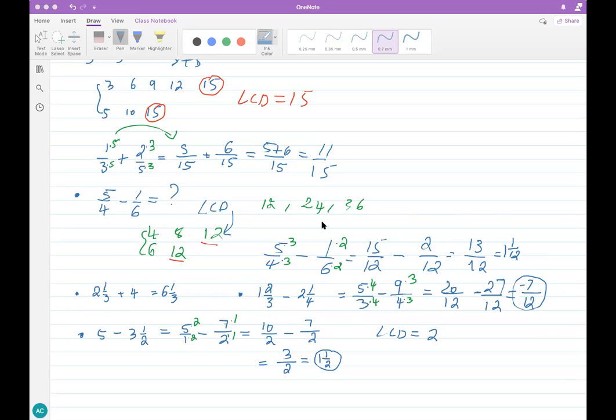So fractions are very important, as I mentioned in the previous lecture. You do need those for a bunch of other topics. We're going to be using them for equations, for linear systems, for word problems, and a bunch of other things. You're also going to need this in college algebra.